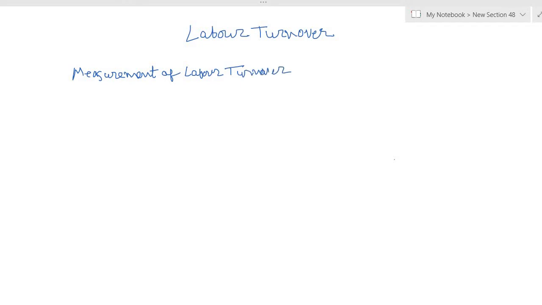Measurement of labor turnover. Labor turnover can be measured by three methods. First is the separation method.